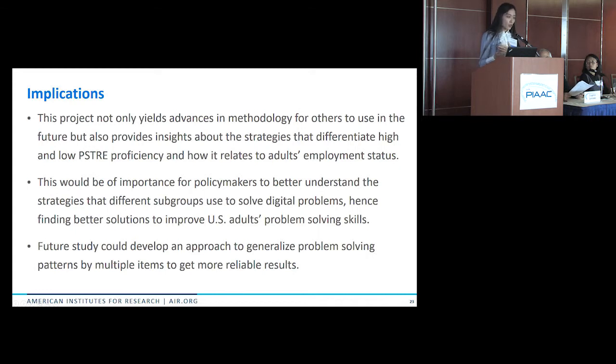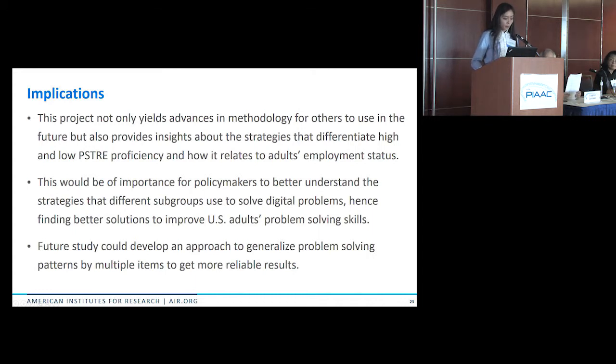And it occurred to me when I was listening to the morning sessions that maybe we could use process data to better measure collaboration, communication, or soft skills and that kind of stuff. We hope this study would contribute to this literature and stimulate more interest in this area.